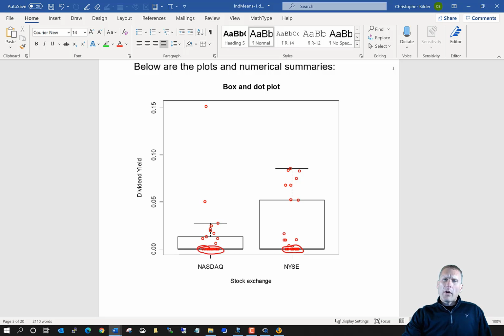And then what I kind of expected is that there's going to be a number of well-established companies that will have a higher dividend yield. But I have to admit, after taking the sample, I didn't have as many as I expected. And notice how we have this clump of dividend yields down here for the NASDAQ, but we do have some outliers as well.